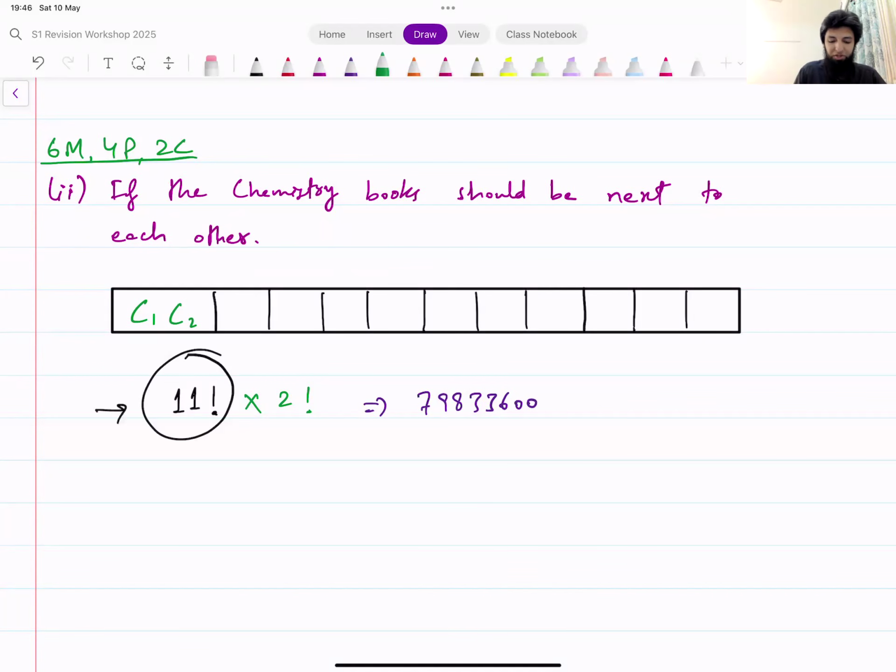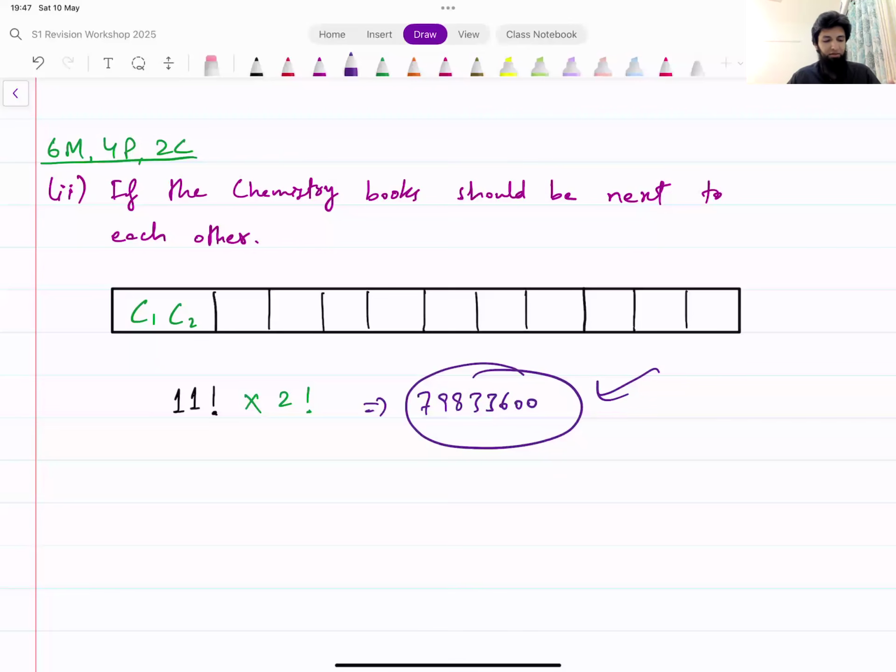But then these chemistry books could also interchange, could also switch places. They're different from each other, right? So their arrangements also matter. So we say 11 factorial multiplied by 2 factorial, and that gives us the result. You can see what that turns out to be. This is what you get.